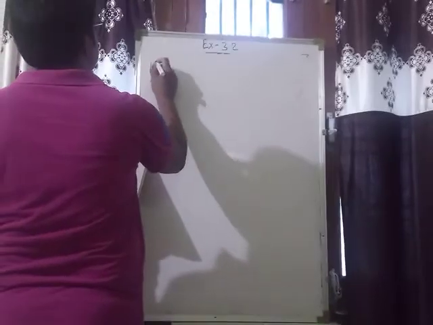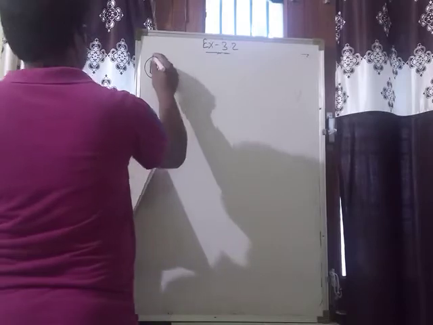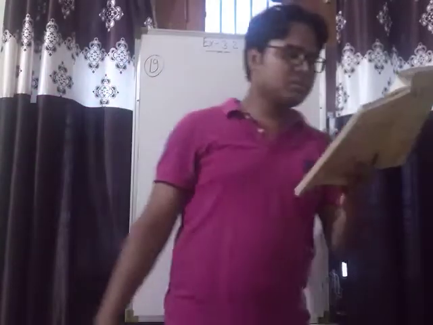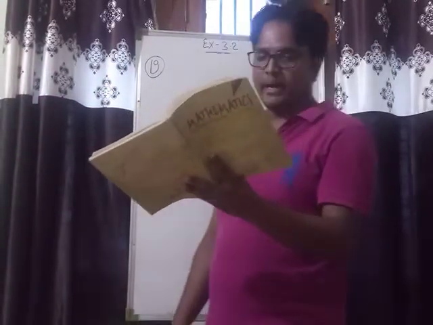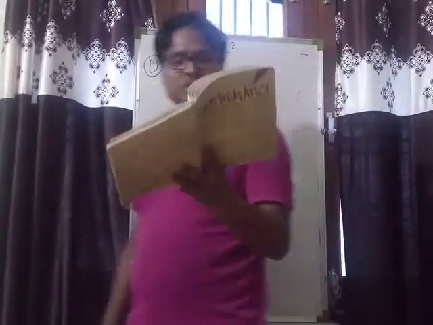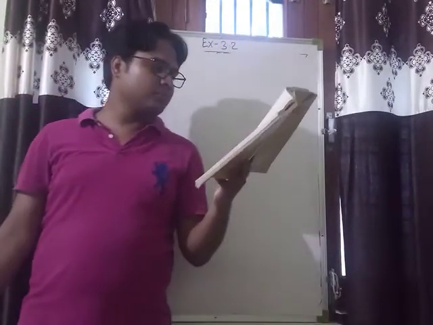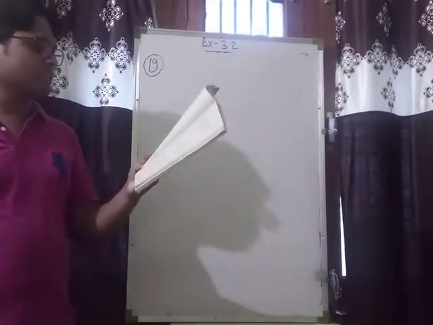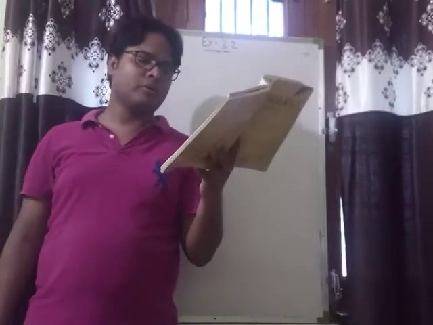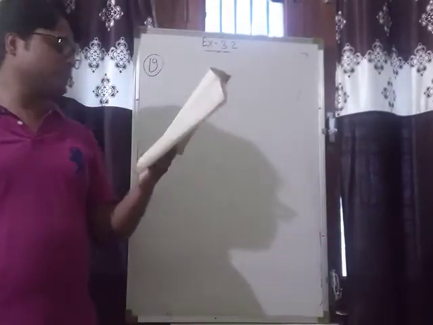Question number 19 is, a trust fund has rupees 30,000 that must be invested in two different types of bonds. The first bond pays 5% interest per year and the second bond pays 7% interest per year.